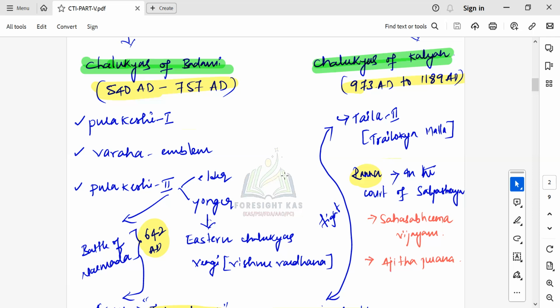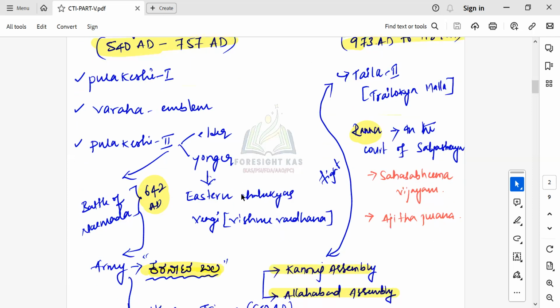Then comes Pulikeshi II. He is the greatest ruler among the early Chalukyas, or Chalukyas of Badami. Why? Because he fought a battle called the Battle of Narmada. At the time, almost all of North India was occupied by the Harshavardhana kingdom. He was a great ruler of North India.